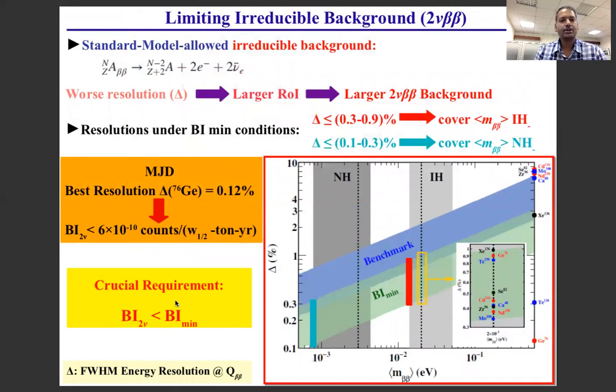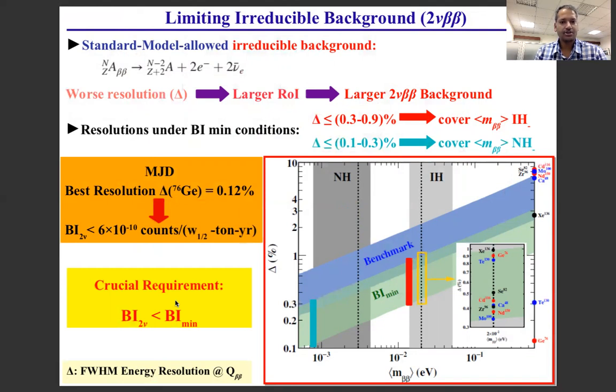Going toward coverage of the inverted as well as normal hierarchy, the experiments need to face the challenge from the irreducible background from two-neutrino double beta decay, which can only be reduced by having a good energy resolution detector.